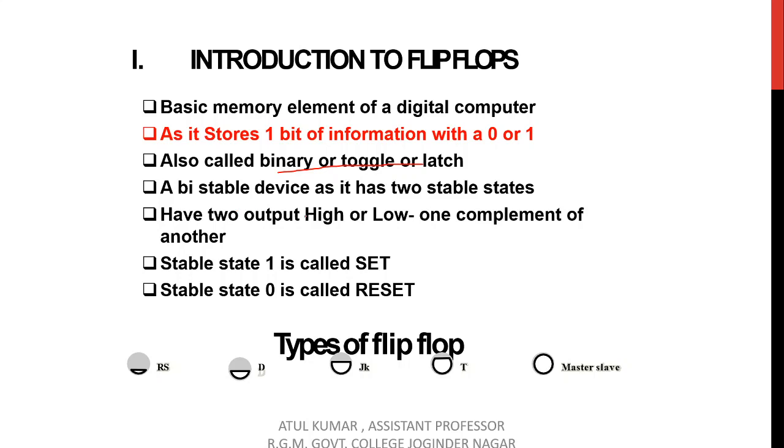One stable state is 1, called set, and the other stable state is 0, called reset. We have different types of flip-flop available, like RS flip-flop, D flip-flop, JK flip-flop, T flip-flop and master slave flip-flop. I will discuss one by one the working of each flip-flop.